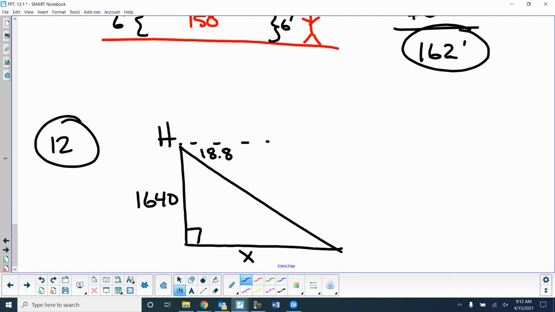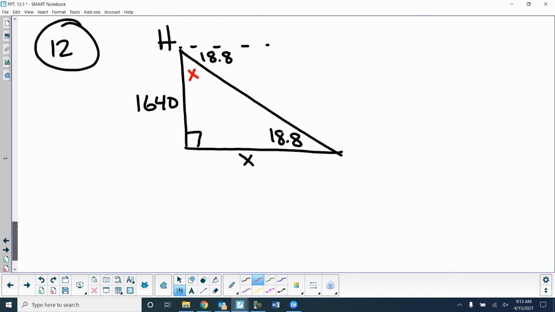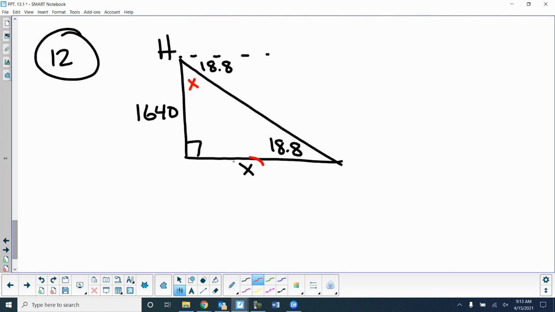Now, if my angle of depression out there is 18.8, inside my triangle, what's this one down here? 18.8. Sometimes kids will put the 18.8 in there. That's not correct. So when you draw your picture, make sure you draw it correctly. I'm looking for this black X right there.